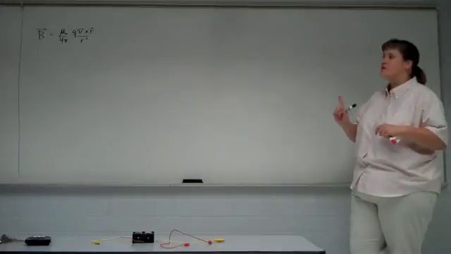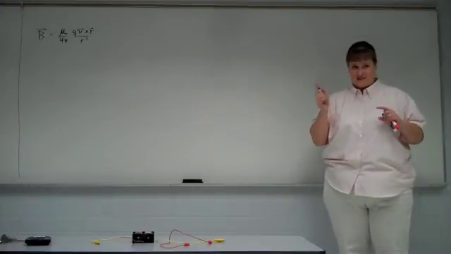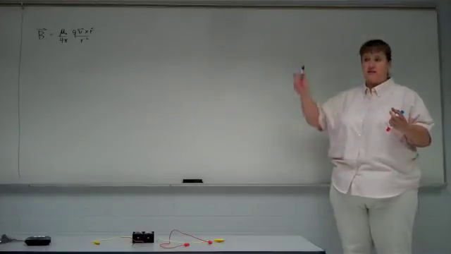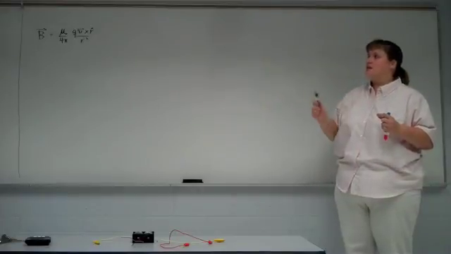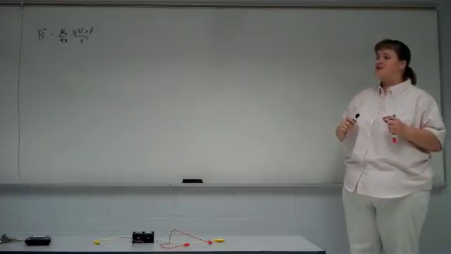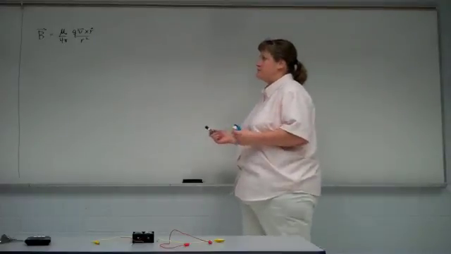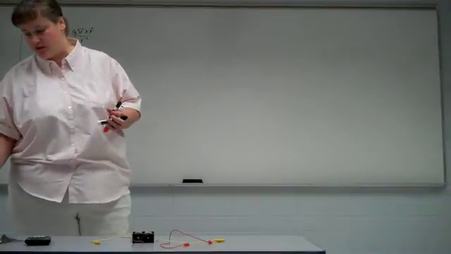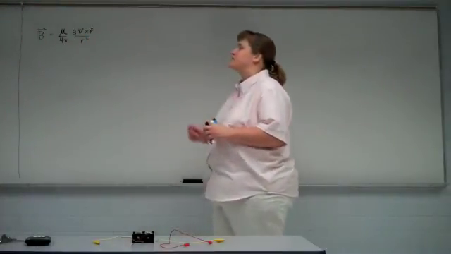But if you have solely one little charge creating a magnetic field, it's not going to exert a force on itself. Its magnetic field can be found using that equation. That magnetic field can interact with other magnetic fields. We're going to talk about the force on a charge that's moving in a field, but we have to use a different equation.